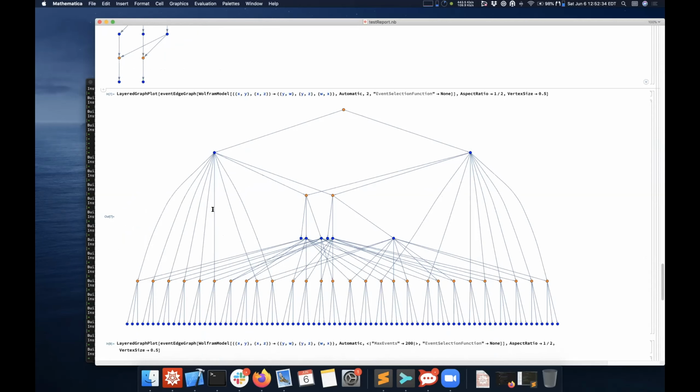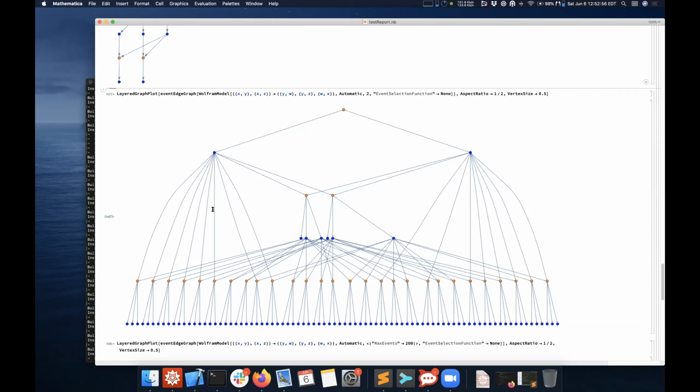Is that true? All these events have their predecessor, their predecessor intersection is always an edge, it looks like. So I wonder if we can find one where that's not always the case.